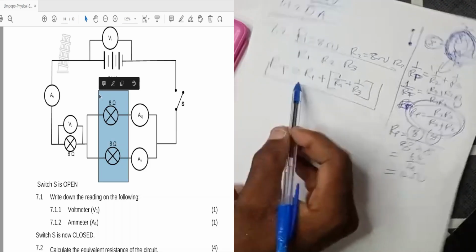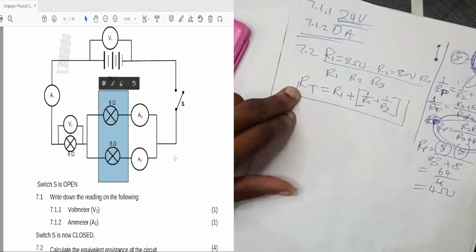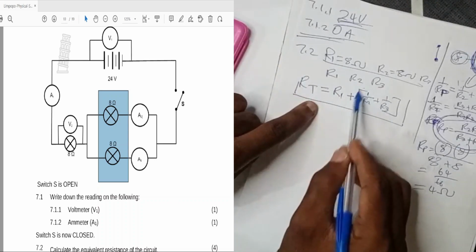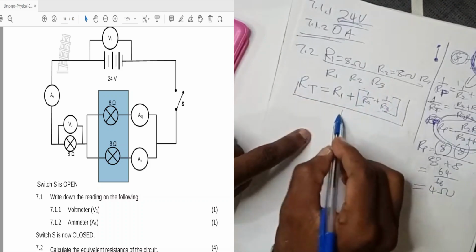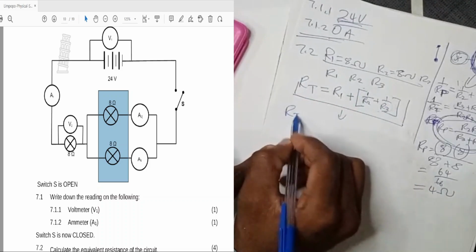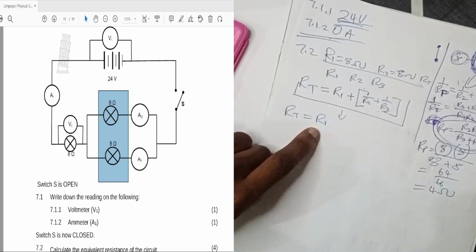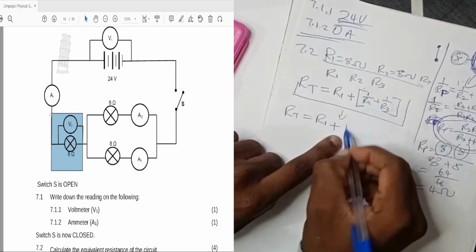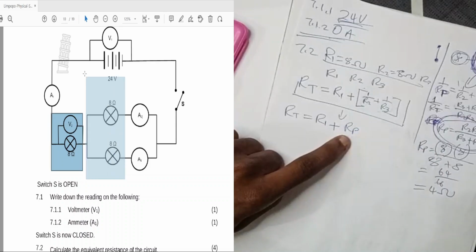When I go back to my original circuit, you can see I only calculated this part. So when I bring this down, my total resistance is R1 plus R parallel, because these two are parallel.